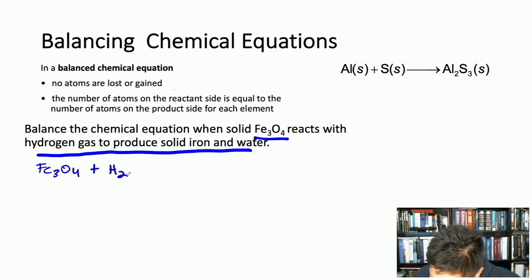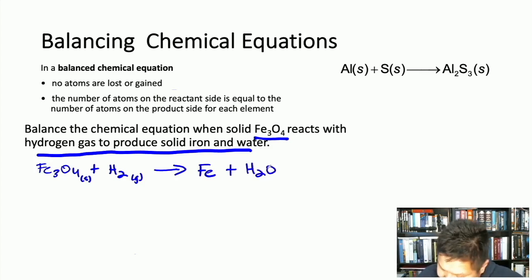And then also, don't forget about your states. I always forget about the states. So that's solid, and hydrogen gas is G for gas. And it tells us that your product here is solid iron, which is just Fe, and water, H2O. Water is a liquid, and iron is a solid, right? So what are we going to do to balance this equation?